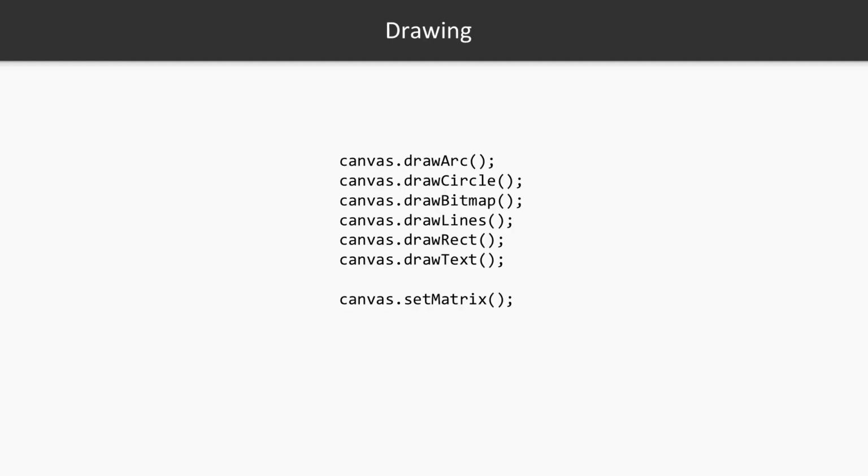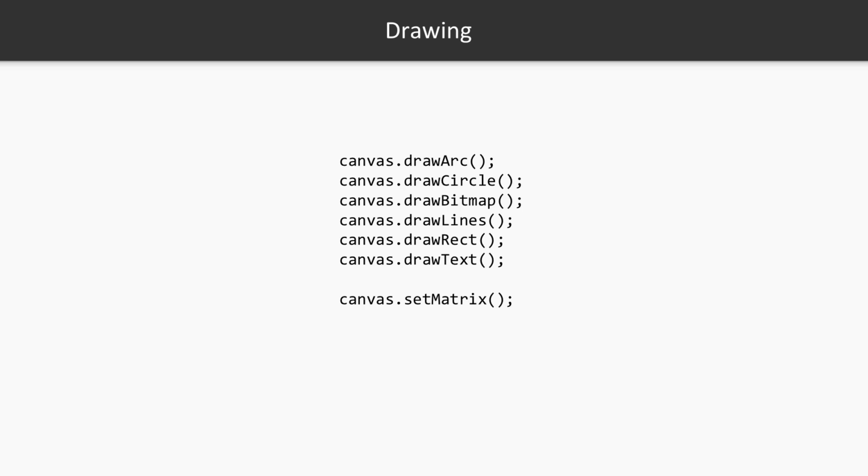Inside the onDraw method, you'll have access to Canvas, where you'll be doing your drawing. There are multiple methods available to do the drawing, and some of them are really simple and straightforward, like drawLines or drawRect, which means draw rectangle. Others are more sophisticated, like drawArc, drawText, drawBitmap.